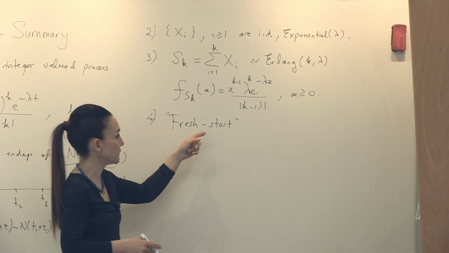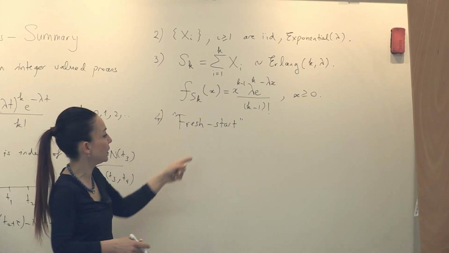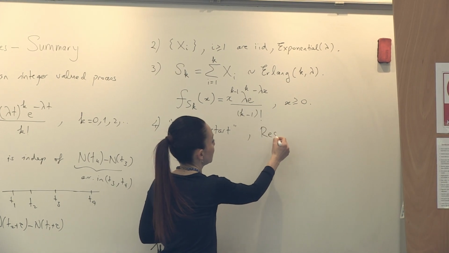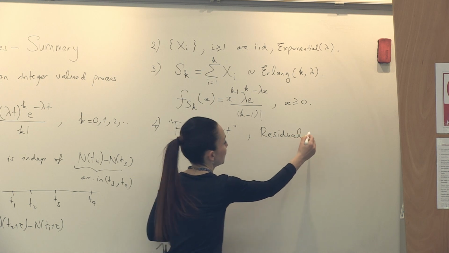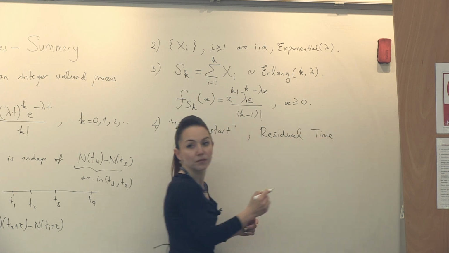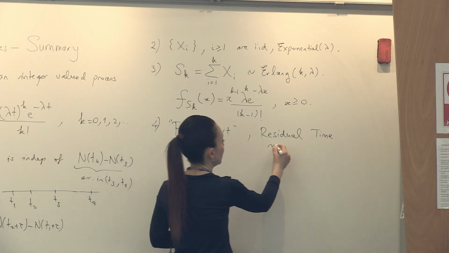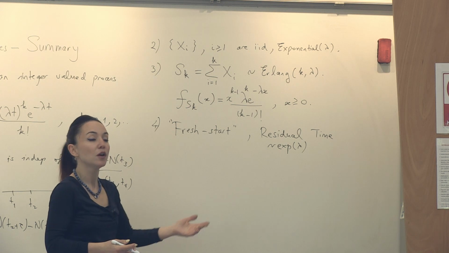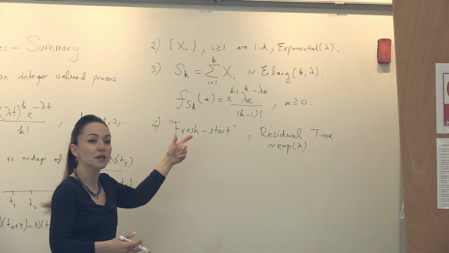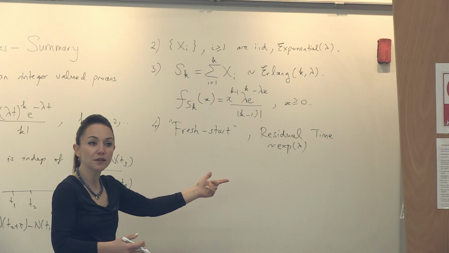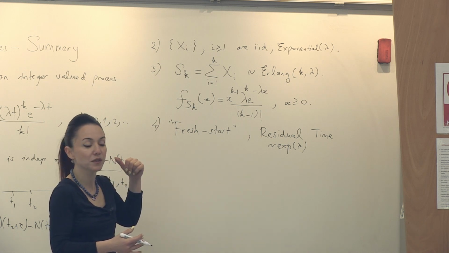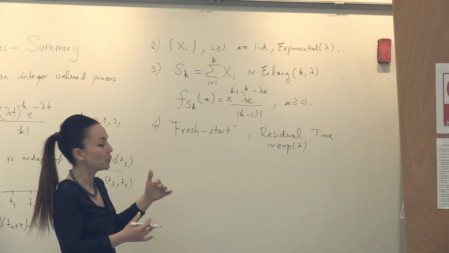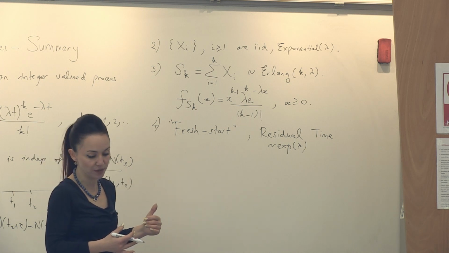As a consequence of the same property, we have the residual time until the next arrival being exponential with rate lambda, as a consequence of the memorylessness of the exponential. Furthermore, due to the same reason, the time to the last arrival in the past, going backwards in time, is also exponential, which implies the reversibility of the process.